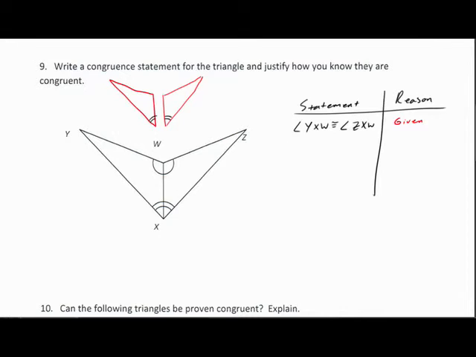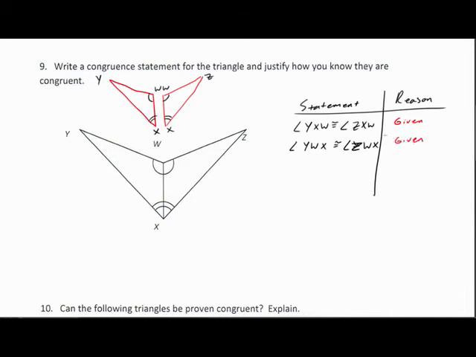And we know that angle YWX, so we'll notate that on our split triangles, angle YWX is congruent to angle ZWX. And notate that as well after rewriting.